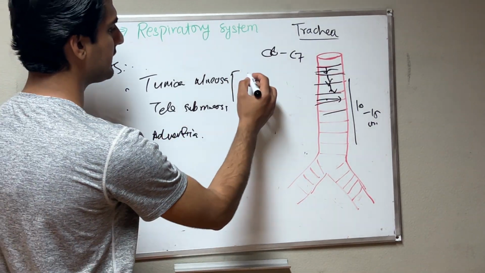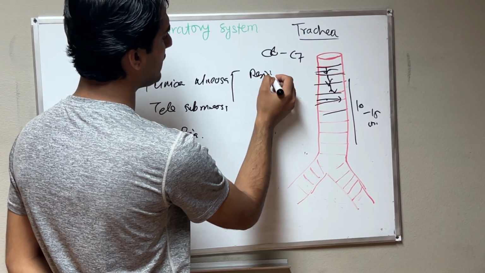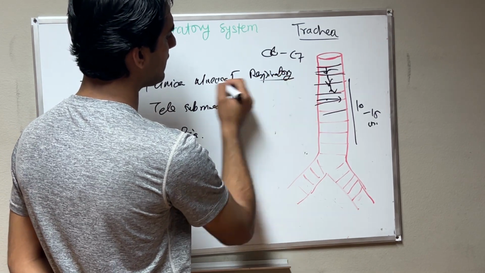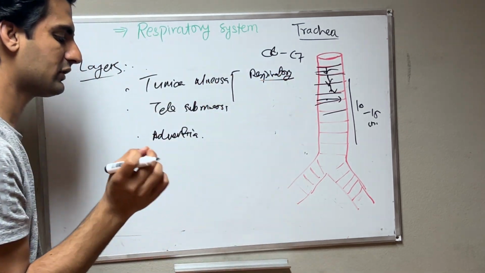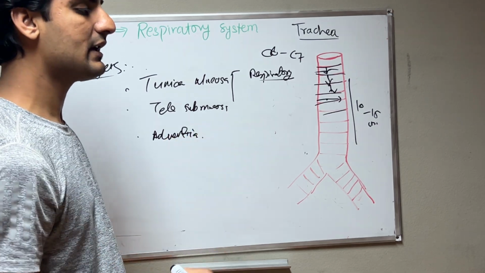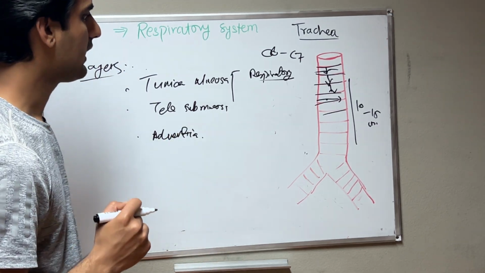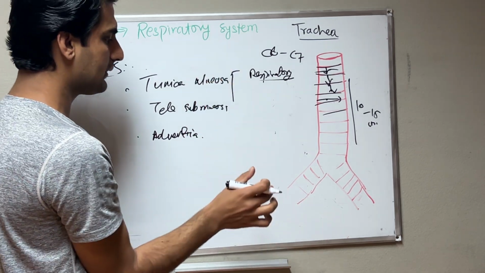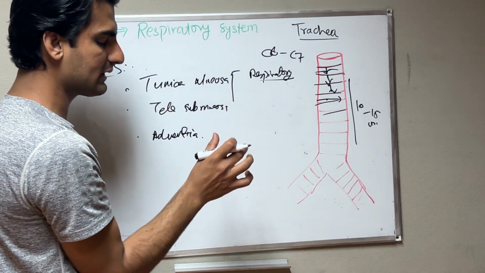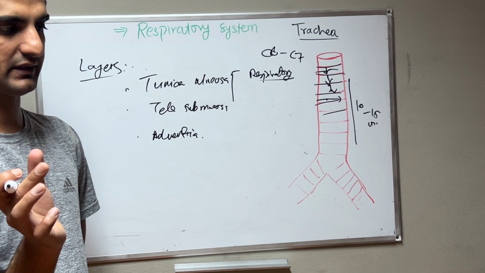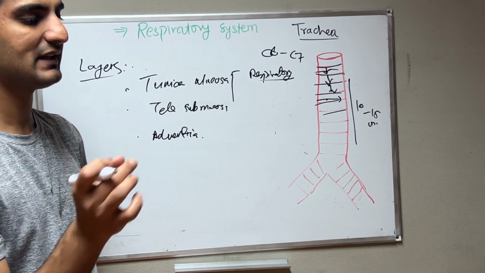The main function of the trachea is to pass air to and from the lungs, and the mucosa is lined by respiratory epithelium, where we have cilia.